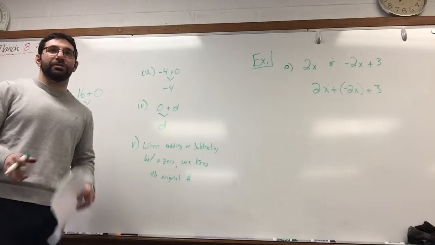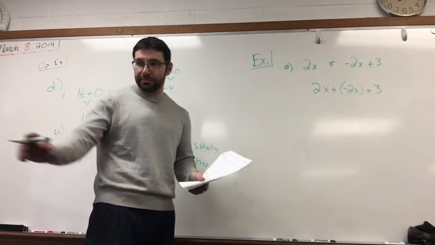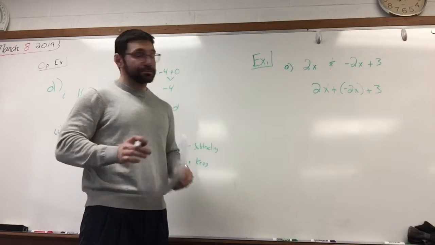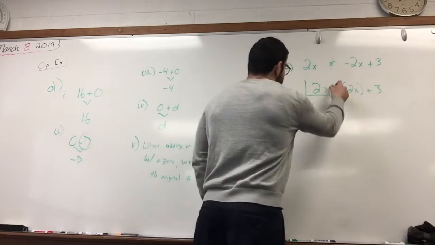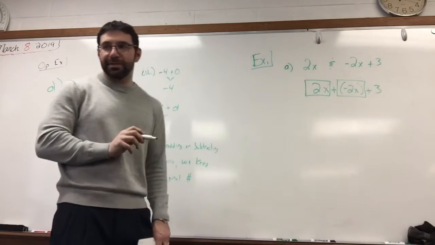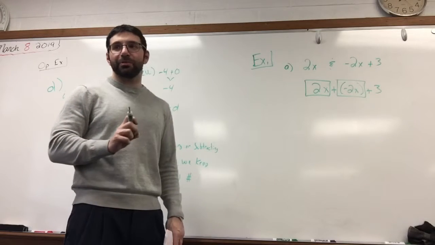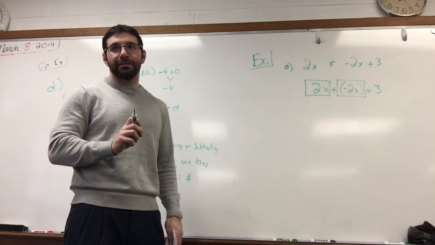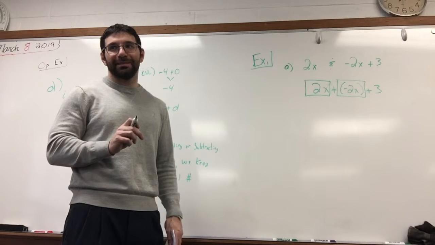Can I combine like terms? Izzy, what are my like terms here? Your like terms are 2x and negative 2x. Well, when I'm adding opposites, what property is that, Brendan? When I'm adding the opposite numbers, what property is that? It's the main property we've been talking about today.